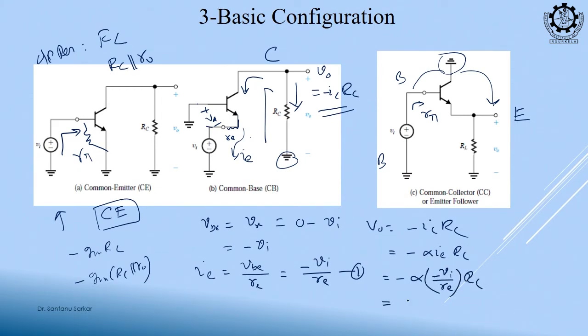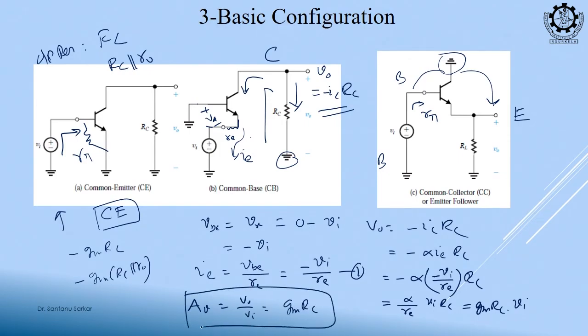So, it becomes alpha by re Vi RC. Alpha by re is my GM, GM RC Vi. So, AV is equal to V0 by Vi is equal to GM RC. So, the expression of common emitter and common base are same.